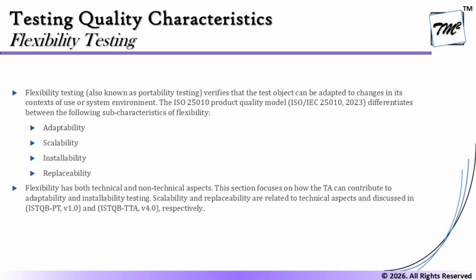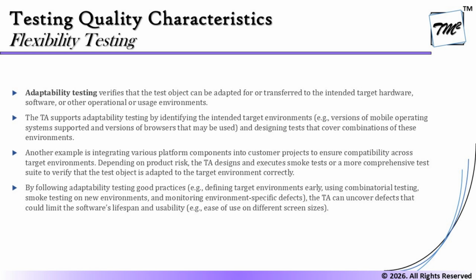The very next thing we are talking about is understanding what adaptability is. Well, adaptability testing verifies that the test object can be adapted for or transferred to the intended target hardware, software, or any other operational or usage environment.